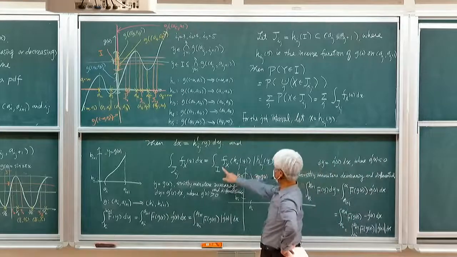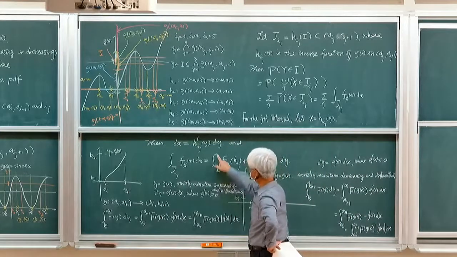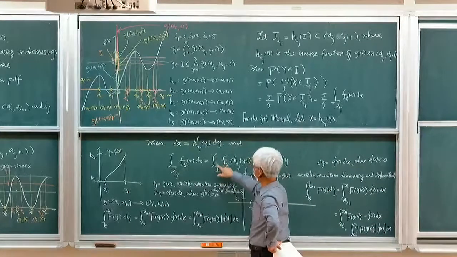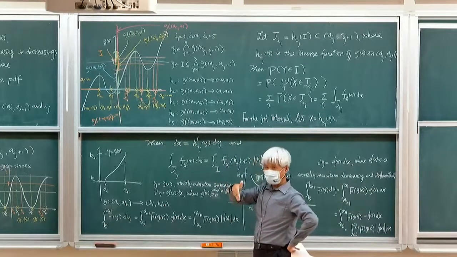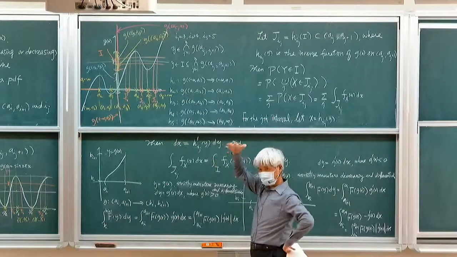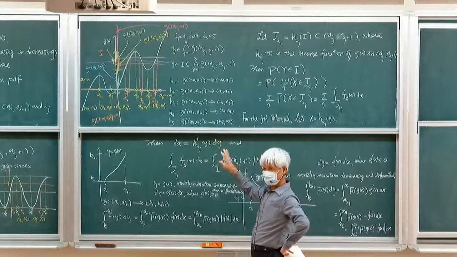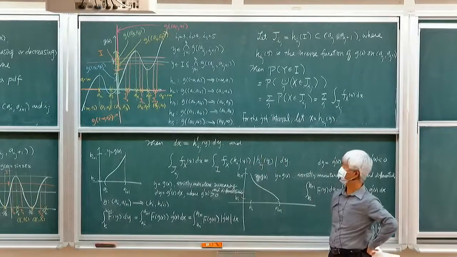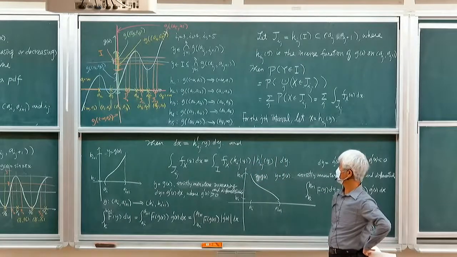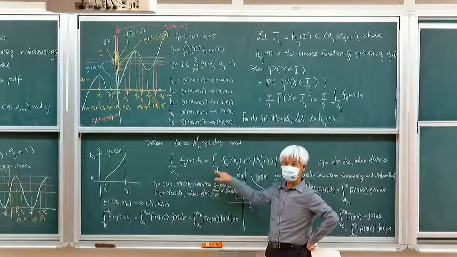Okay, so that's why, because conventionally we integrate from the smaller endpoint to the bigger endpoint, we should put the absolute value here. So any questions about this one?